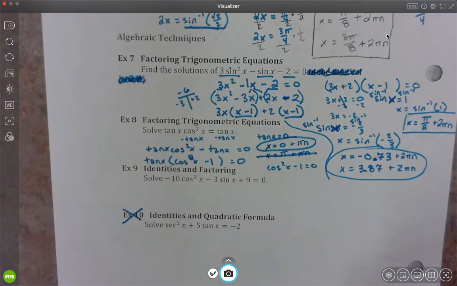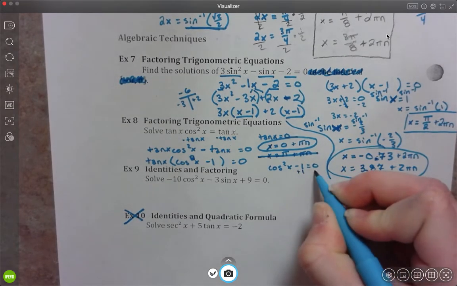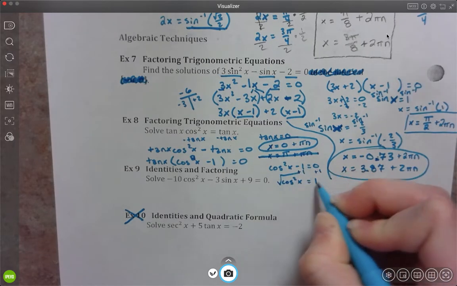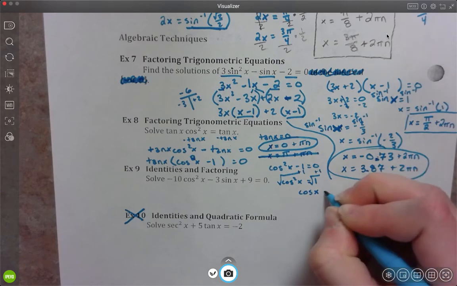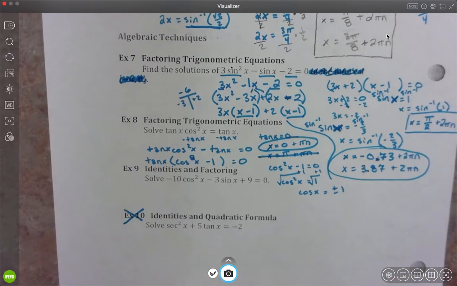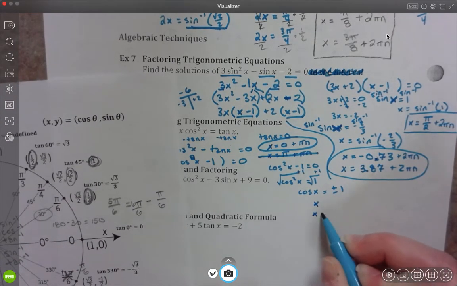Now for this one, for cosine, I'm going to add the 1 to the other side. So I have cosine squared x equals 1, and then I would have to take the square root. But remember that the square root is plus and minus 1, okay? So now I'm going to look on my unit circle and figure out the places where cosine is positive 1 and negative 1.